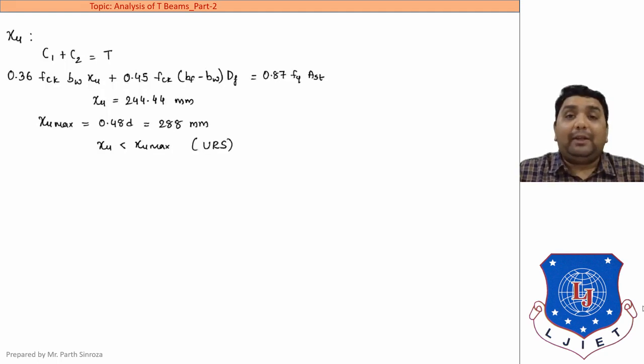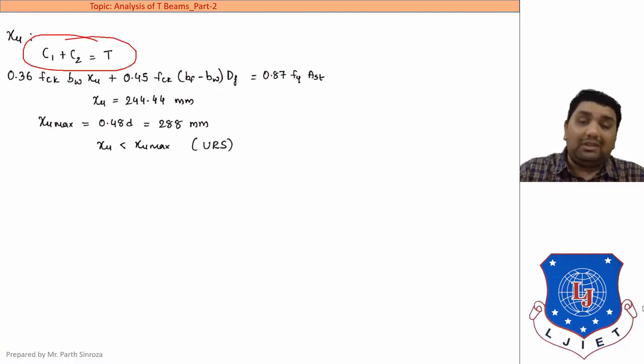Now XU cannot be obtained from any equation given in the IS code pertaining to clause G 2.2 or 2.3. Clear? So we need to find XU using the conditions of equilibrium that we have used in the doubly reinforced sections.